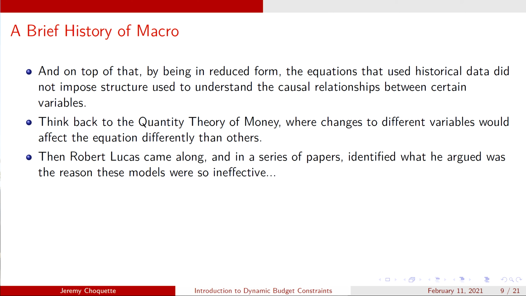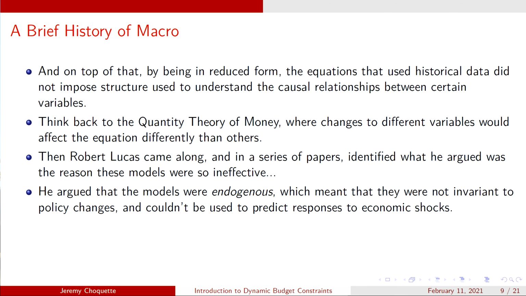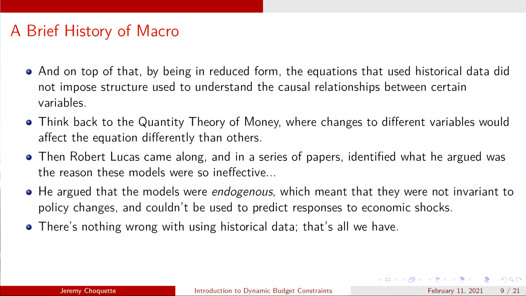Thank God Robert Lucas came along, and in a series of papers identified what he argued was the reason why these models were so ineffective. He argued they were endogenous, which meant that they weren't invariant to policy changes. They couldn't be used to predict responses to economic shocks.